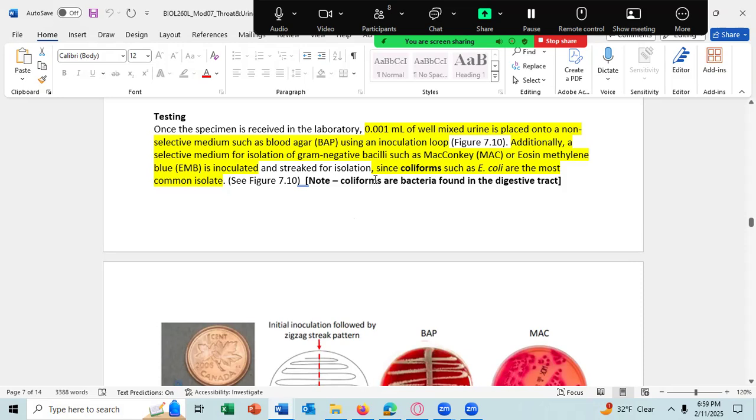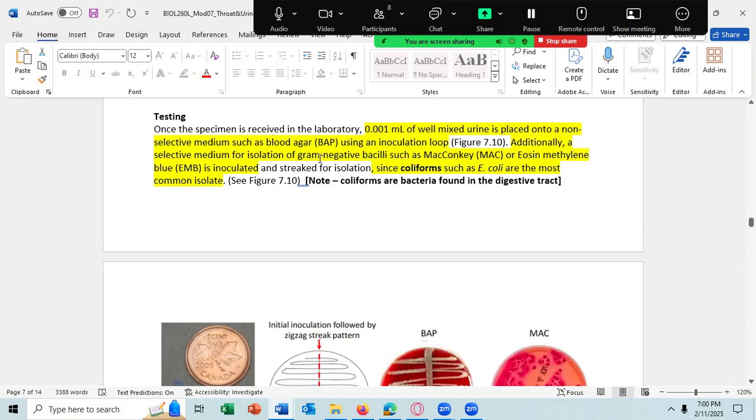A coliform is something that grows in the gastrointestinal tract, particularly the colon, which is why it's called coliform, especially E. coli, which is the number 1 species causing a UTI. And the coliforms and the E. coli can grow on the MAC or the eosin methylene blue.